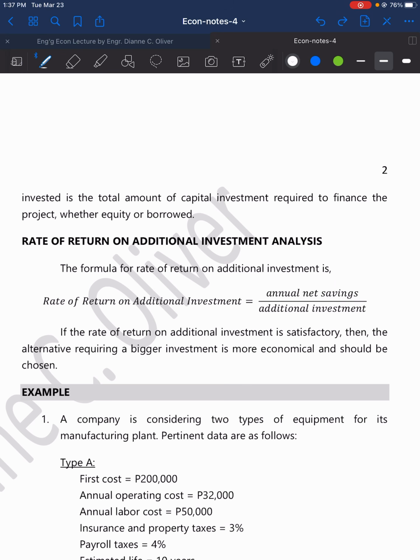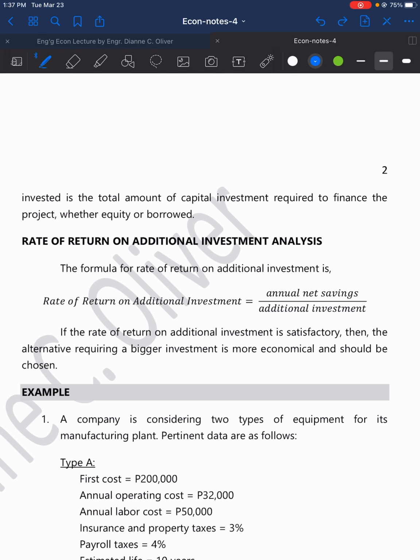The formula is: rate of return on additional investment is equal to annual net savings over additional investment. If the rate of return on additional investment is satisfactory, then the alternative requiring the bigger investment is more economical and should be chosen.